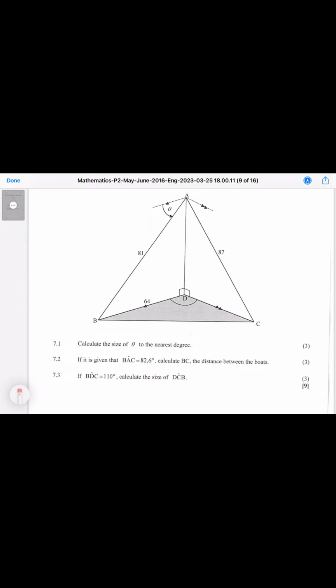Let me take this opportunity to explain something very important. This is what we call a right-angled triangle because of that. So only when you are dealing with a right-angled triangle can you use the trig ratios, being cos, sine, or tan.